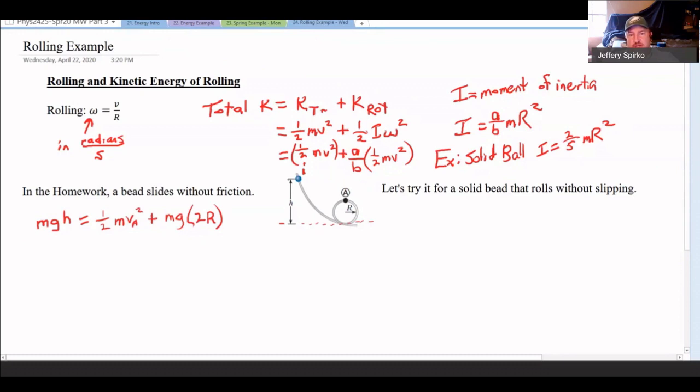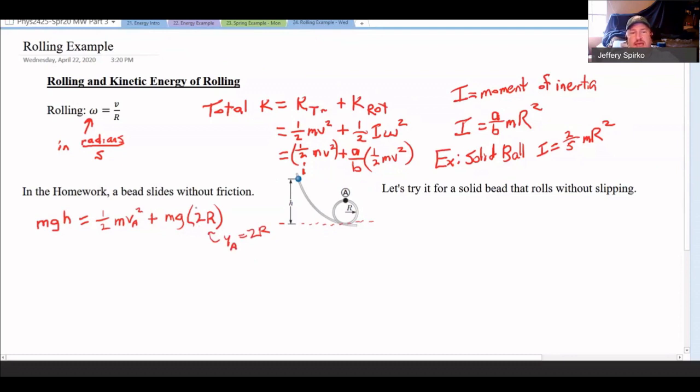So the y equals 0 must be h below that, which is down here. So this is y final equals 2r, or you could even call it y at point A is equal to 2r.